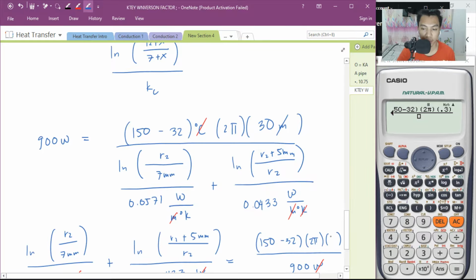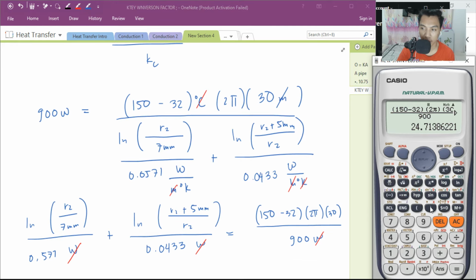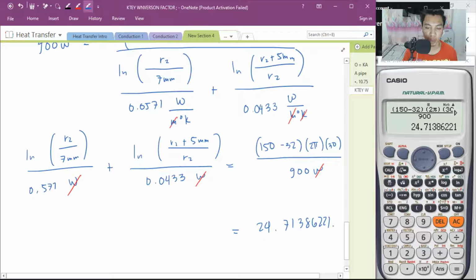Buti chinek ko. Ayan, 30, 900. Tumbas niyang value is 24.71386221. As is na yan.